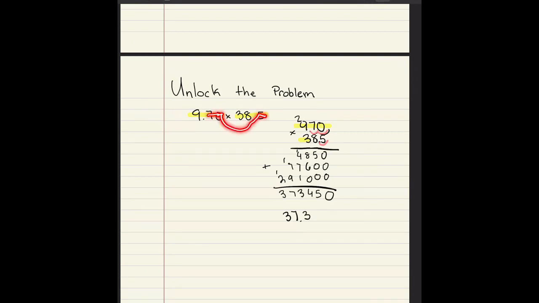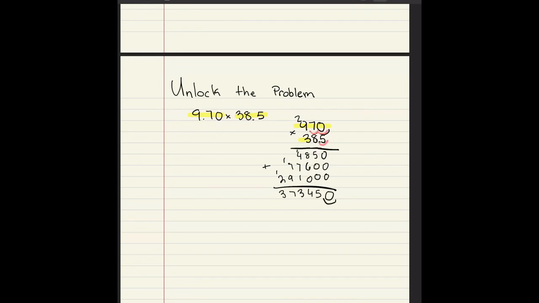But if I ignored my decimals and looked at just 38 and 9 and I'm multiplying these, 38 times 9 is definitely not going to be 37. So that's why it's so important to think clearly about your answers.